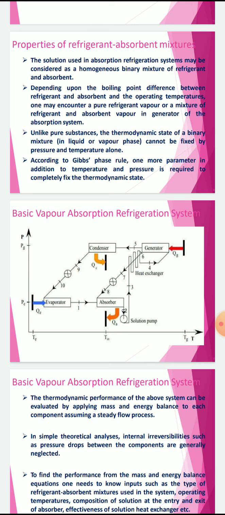After absorption we use a solution pump, and the pumped solution is made to pass through a heat exchanger to absorb the heat from the liquid coming from the generator through an expansion valve to the absorber.